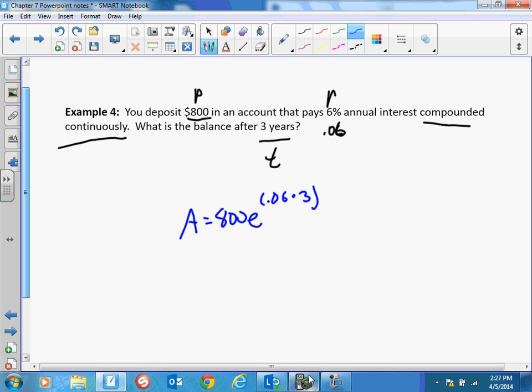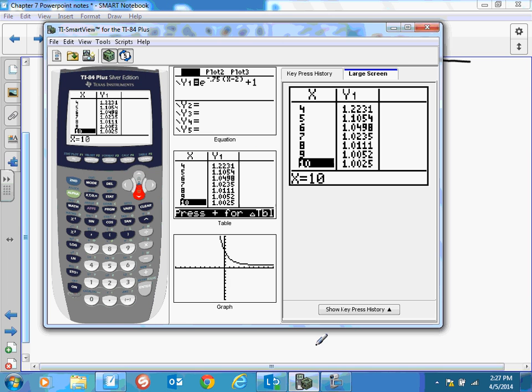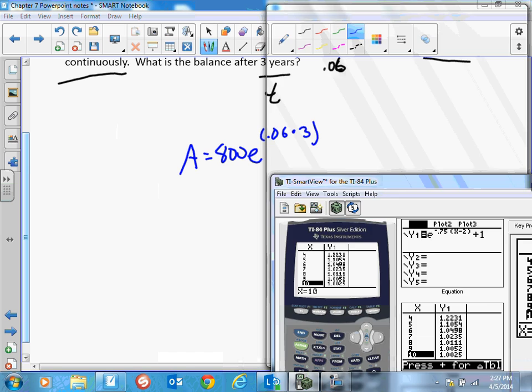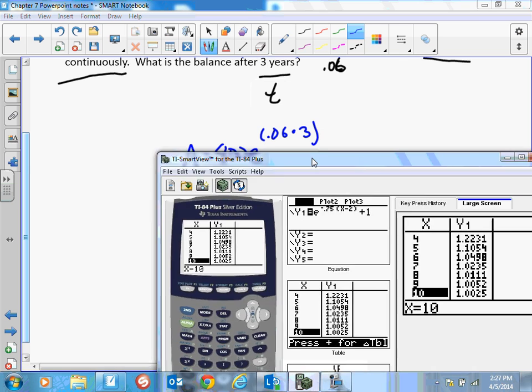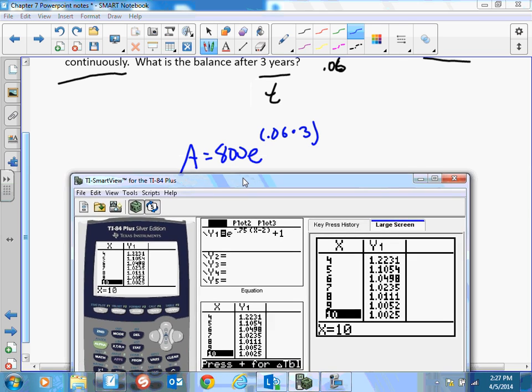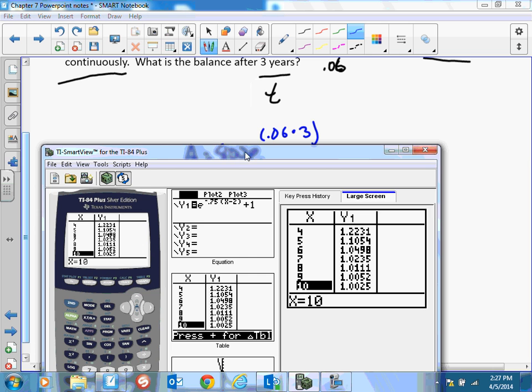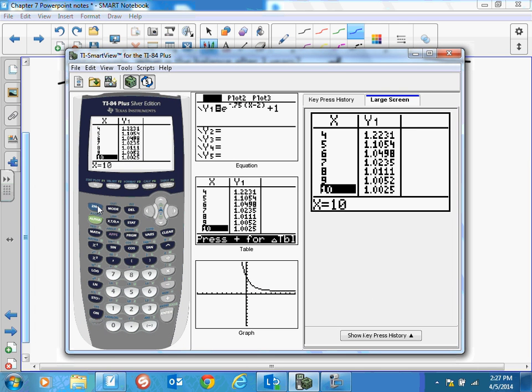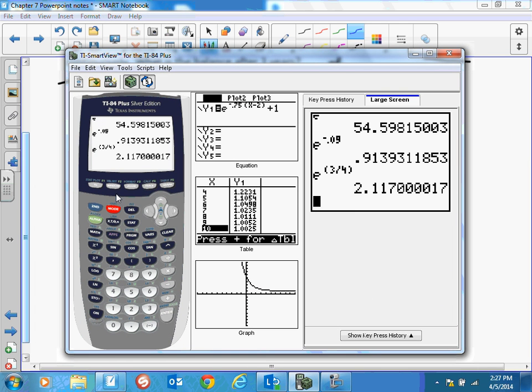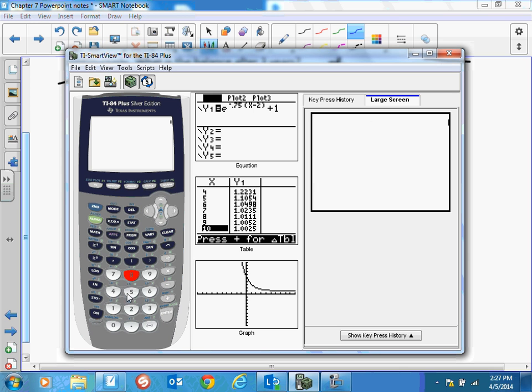Okay. And from here, again, you can pretty much put this in your graphing calculator. Well, let's just plug it in. Okay. So second quit, get to the main screen, clear this out. We got 800 e to the power.